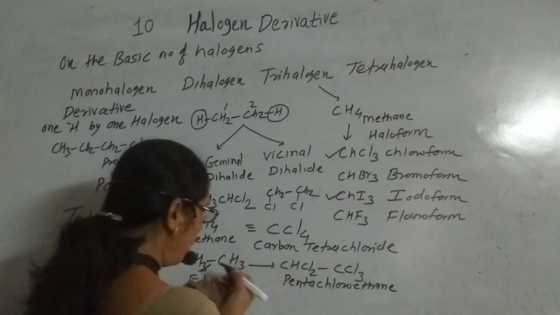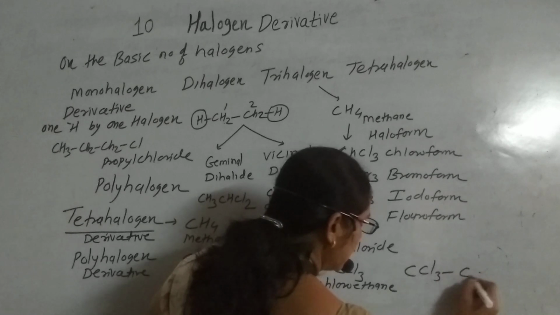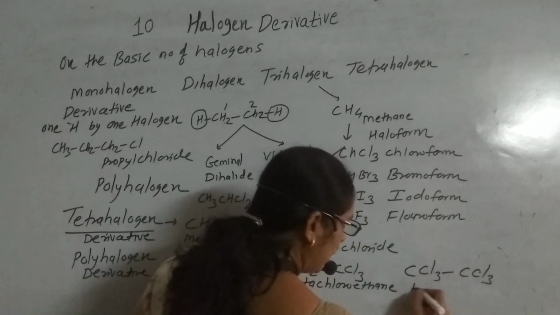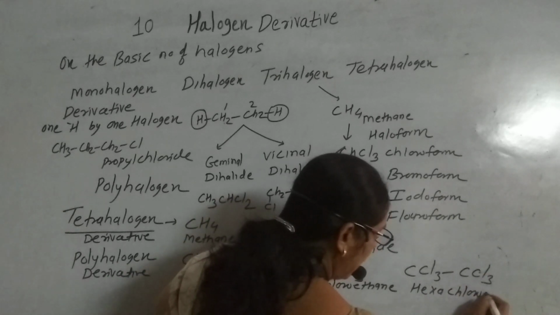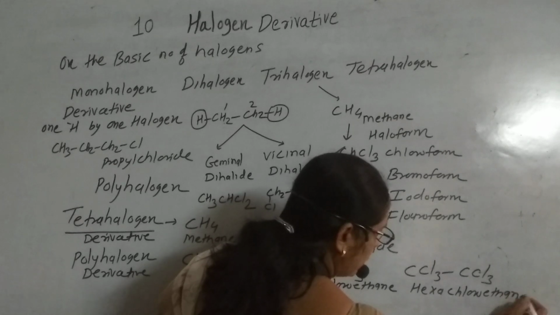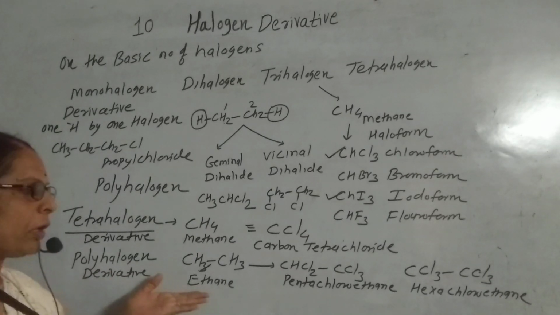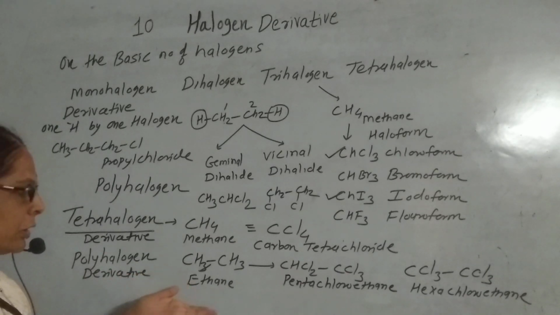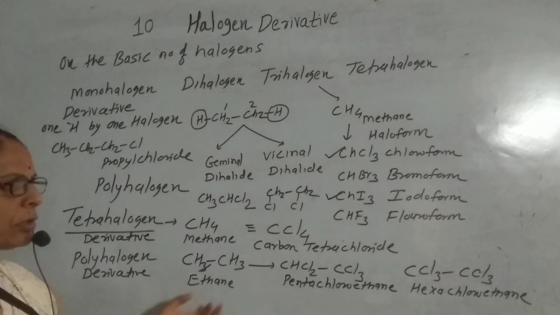Or replace all 6 hydrogens, so I get CCl3 and CCl3. So it is a hexahalogen, hexachloroethane. So polyhalogen I consider if I replace more than 4 hydrogens by halogens. I may say it is pentahalogen or hexahalogen.